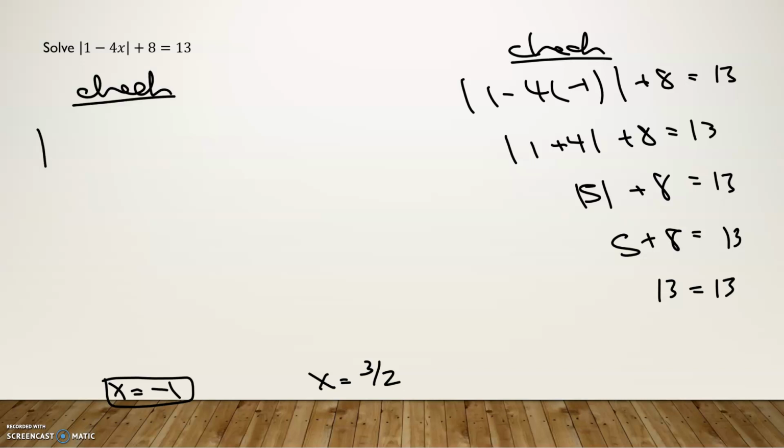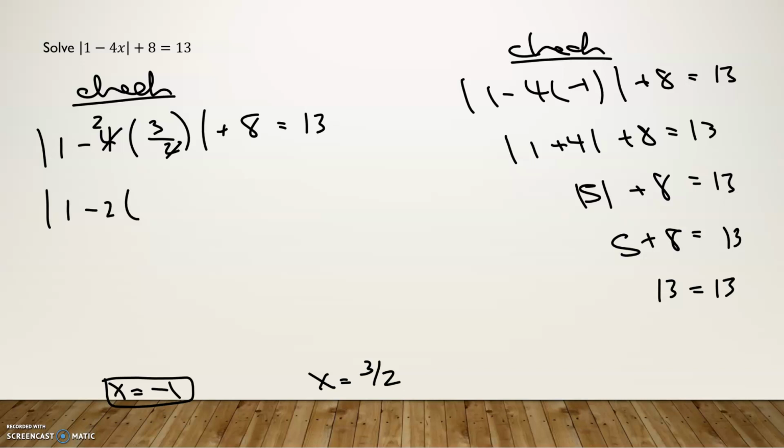Okay, so we're going to have 1 minus 4 times 3 over 2 plus 8 equals 13. The 2s cancel here, and I'm left with a 2. So 1 minus 2 times 3 plus 8 equals 13. 1 minus 6 plus 8 equals 13.